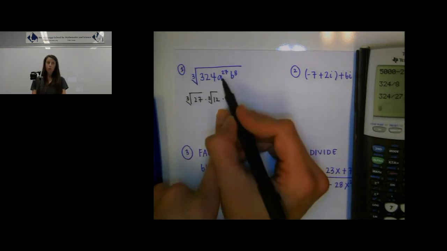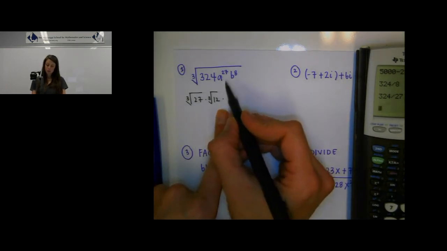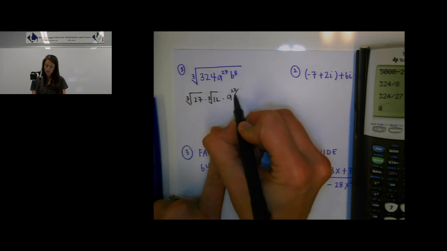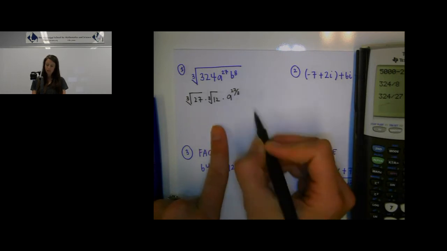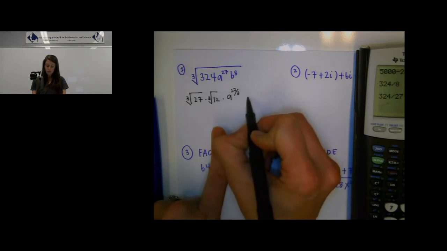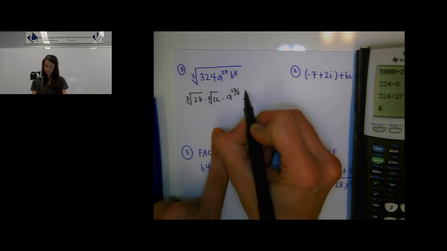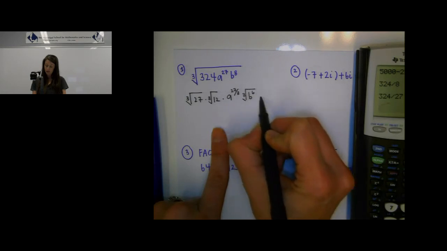Okay. What about this a to the 27th power? a to the 27th divided by 3 goes evenly, right? But the b does not go evenly. So how many would go evenly in there? That would be the cube root of b to the 6th power, and then how many would be left over here?